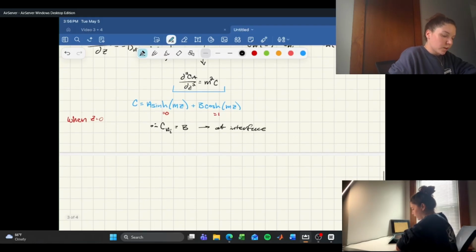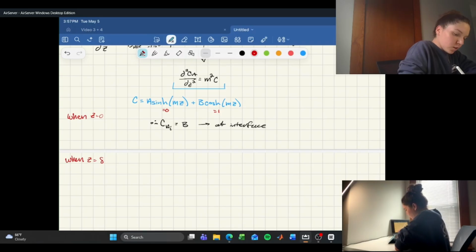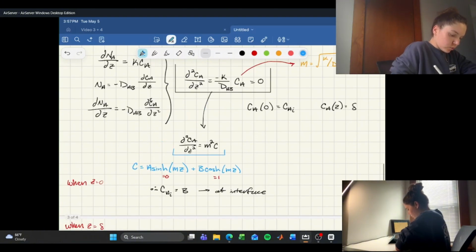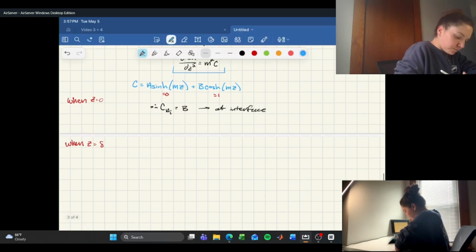Okay, so now we want to solve it where z is equal to delta. The concentration when z is equal to delta, we said was 0 up here. So it's going to be 0.